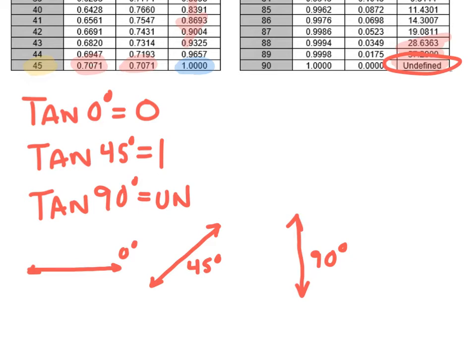So the idea behind that is that the slope at 0 degrees would be 0, the slope at 45 degrees would be 1, and then the slope of a vertical line, in other words at 90 degrees, is undefined. So if you think of tangent in terms of slope, it makes sense that that ratio can exceed 1 and go all the way up into that undefined or infinity stage. So think of tangent equals slope.